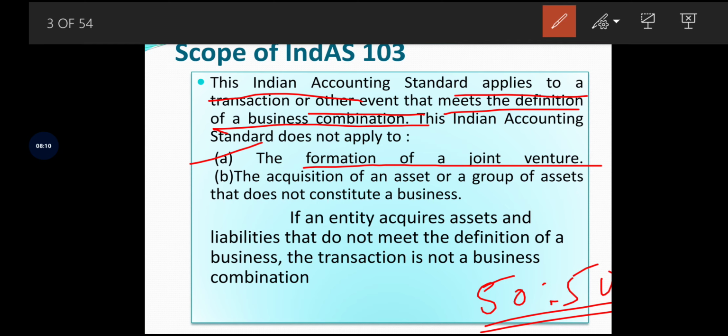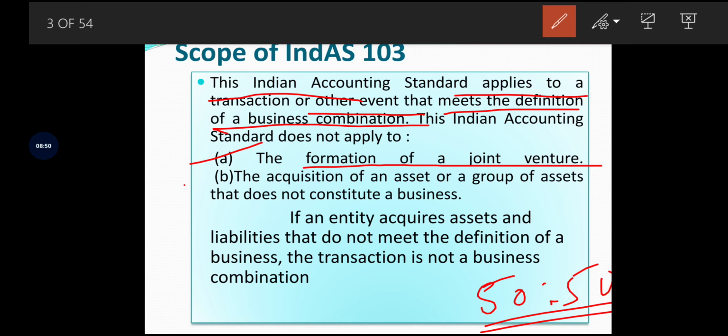In this case, both companies are engaged in the takeover of the business, both will share the profits and losses equally, and both have control to manage the business. In those situations, the Indian Accounting Standard is not applicable. A joint venture does not meet the definition of a business combination, so the scope says that in joint venture situations, the standard is not applicable.